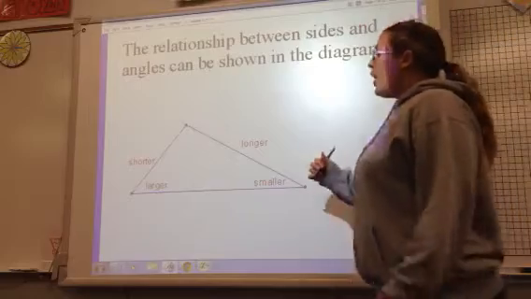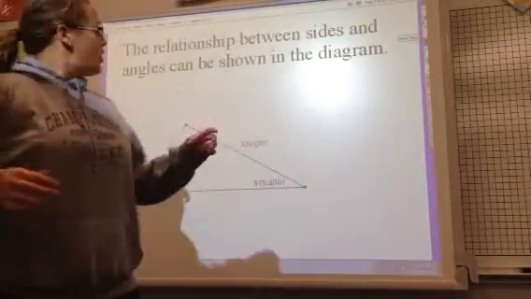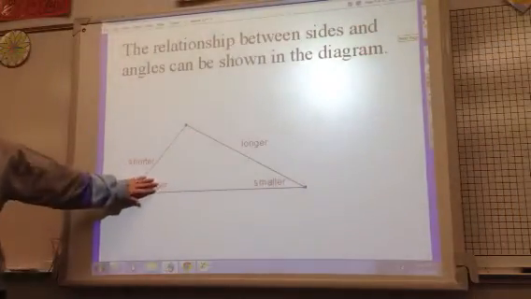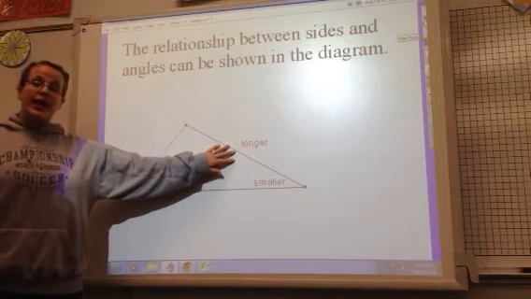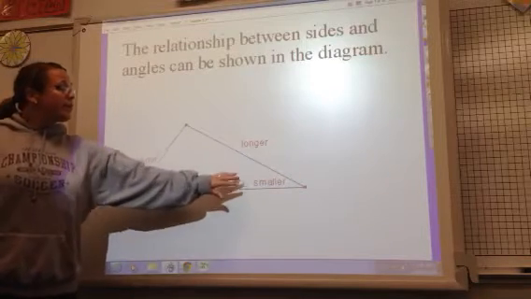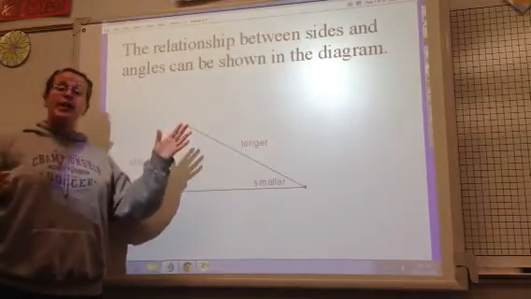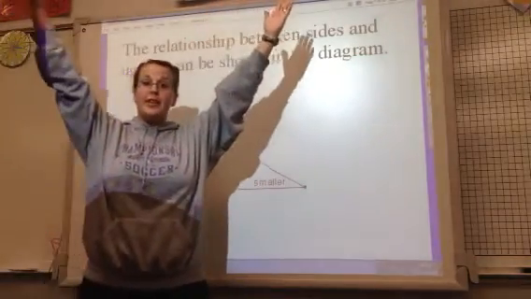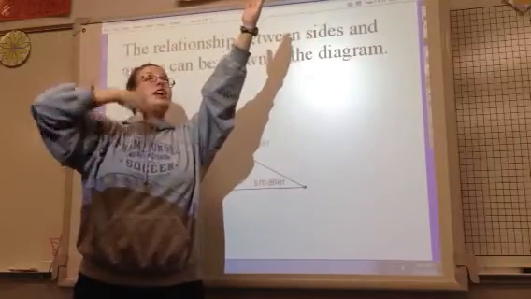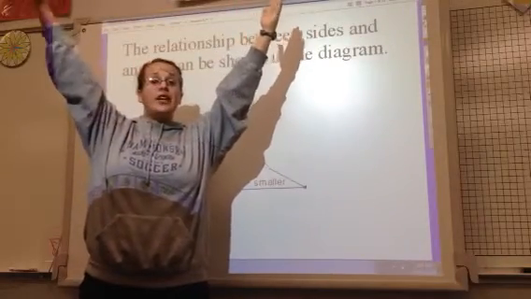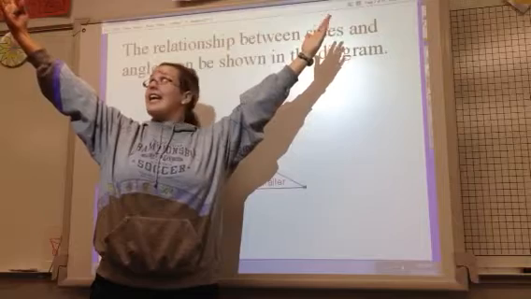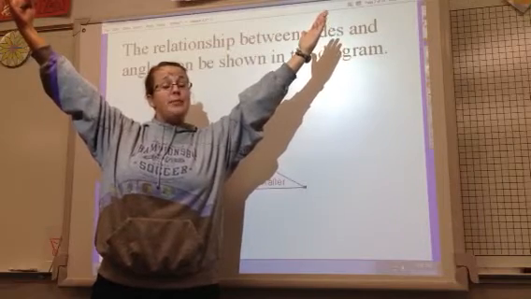Whenever you have a triangle, the larger the angle, the longer the side that it's going to open up to. The smaller the angle, the smaller the side that it opens up to. The way I think about it, if you open your arms up, the angle created here, as that angle gets larger, the side, the space between my fingers, gets bigger.